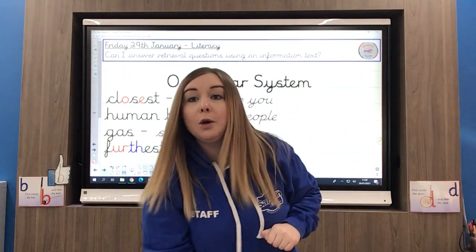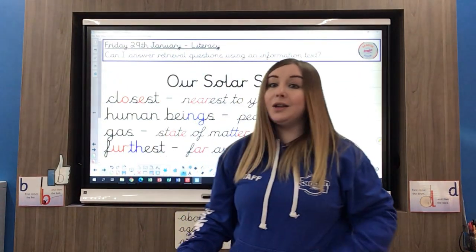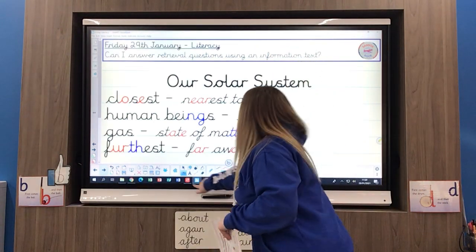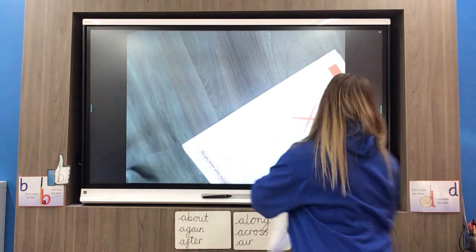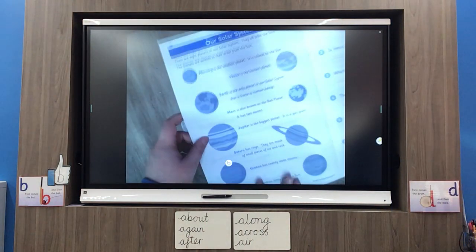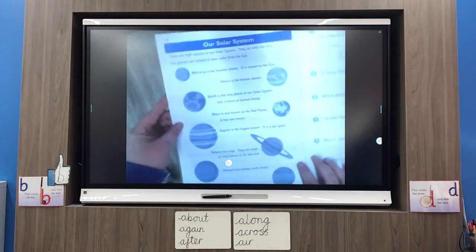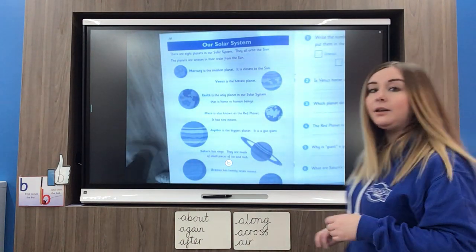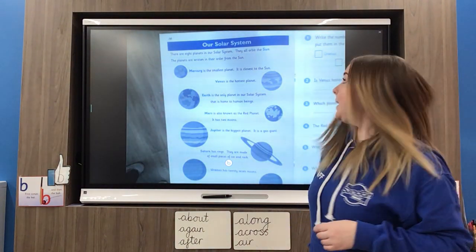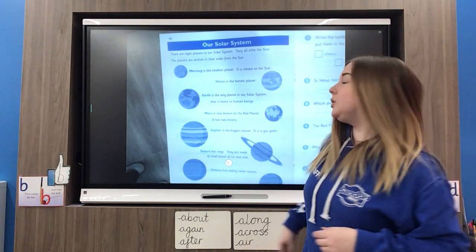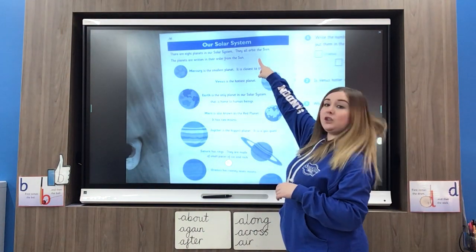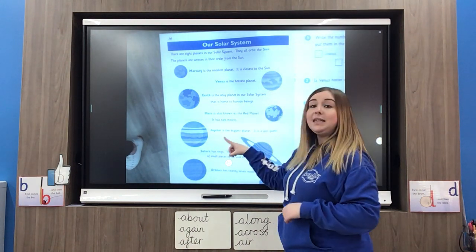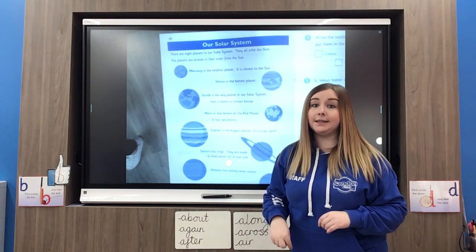Okay, so let's have a little look at our text today, year 4. Okay, so there it is then, our text, and we do have quite a bit to read. So I'll read the sentences right at the start, and then you're going to read the sentence about each of the 8 planets.